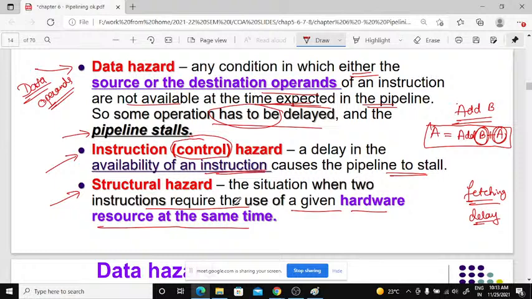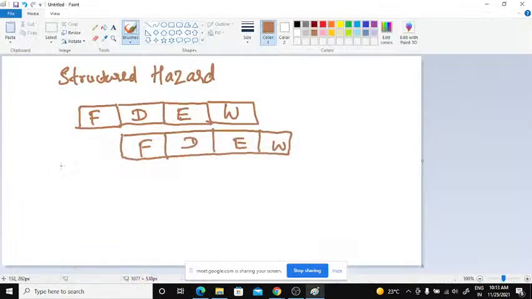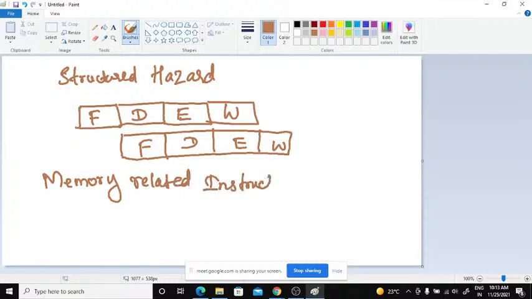When two instructions require the use of a given hardware resource at the same time, for example memory related instructions, like a load operation or store operation.